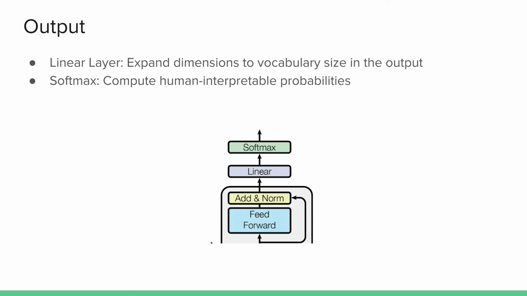Say, if we have 1,000 words, we would produce with this linear layer our 1,000 outputs. And then the softmax, as we know, is for classification, where we try to come up with something that humans can interpret. In this case, it's going to be the probability of the most likely word that should come next, given that input from our input sequence. And that gets fed back into the network, and then we're off to the next word.